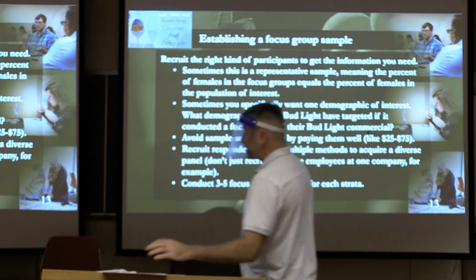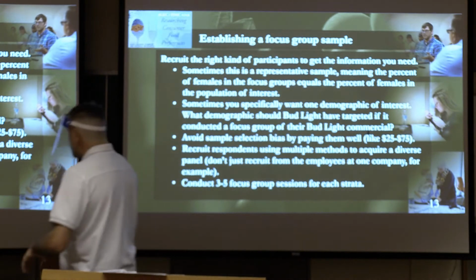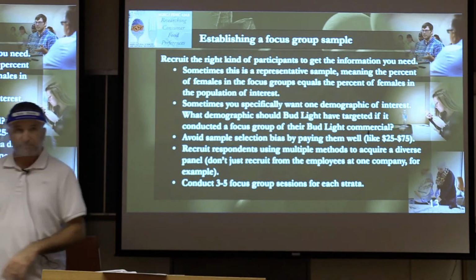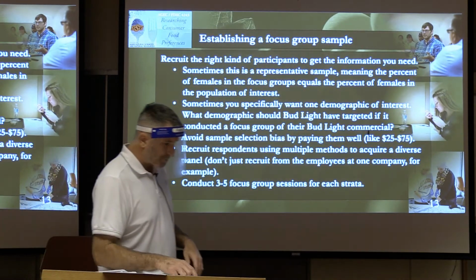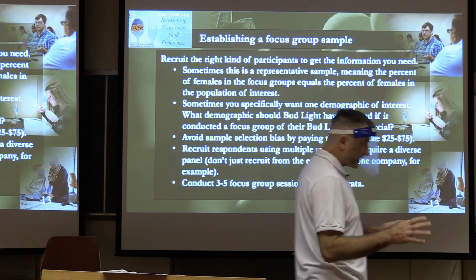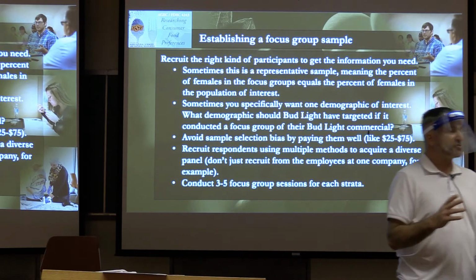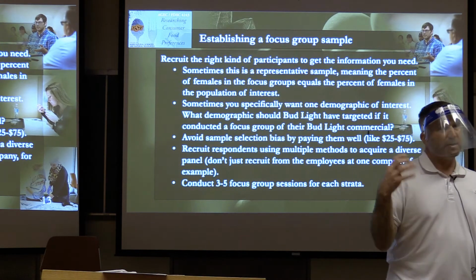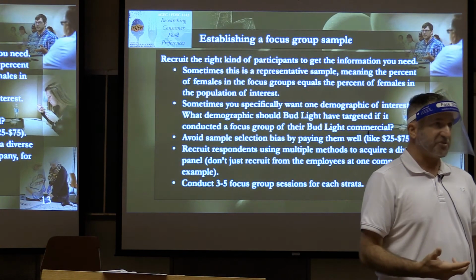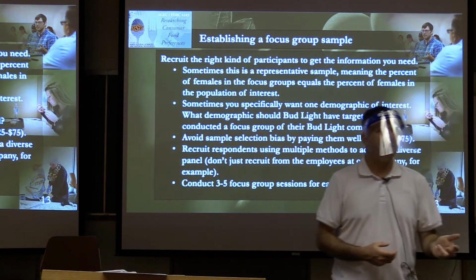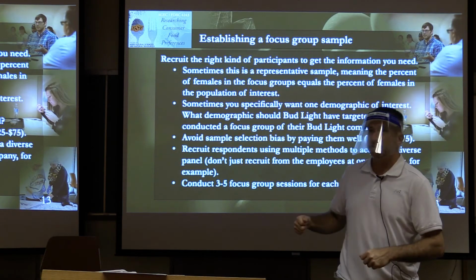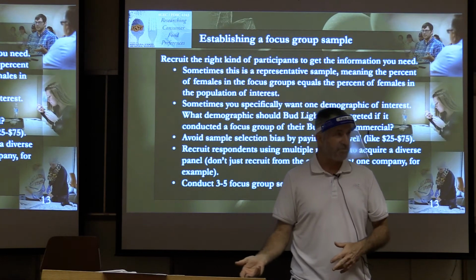And then you've got to conduct 3 to 5 focus group sessions for each strata. You may not have heard the word strata before, but think about it like this. Suppose Tom is interested both in what Whole Foods shoppers think of his service, but also regular Walmart shoppers as well.